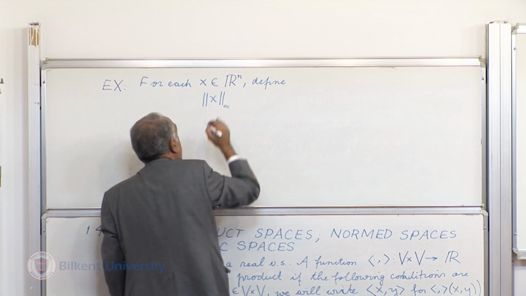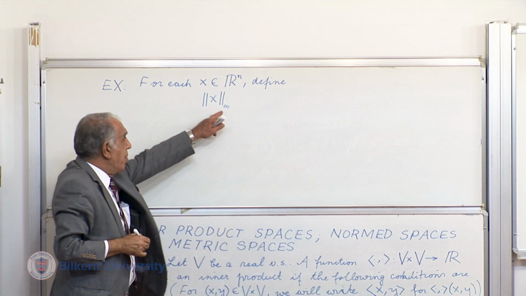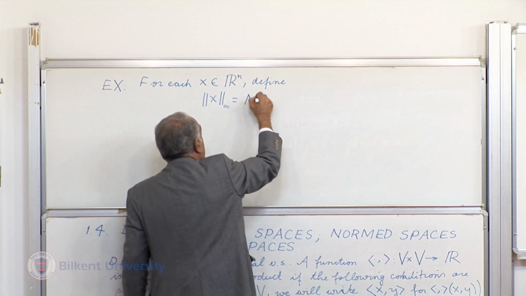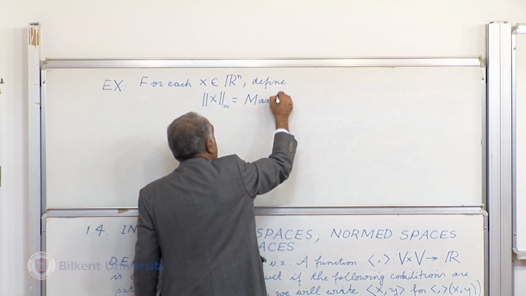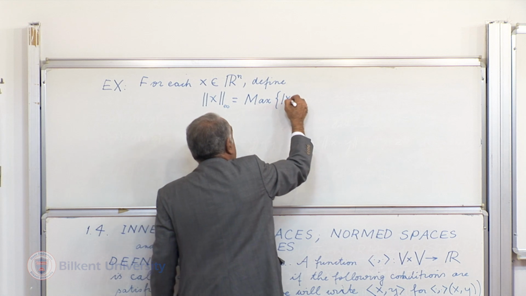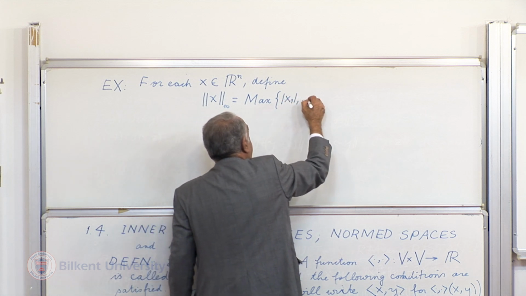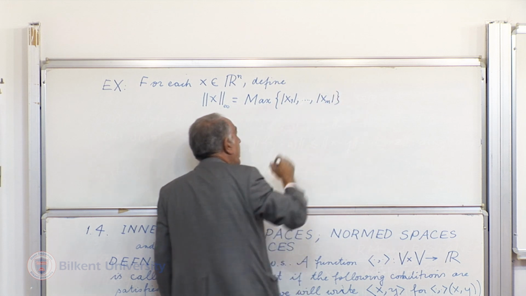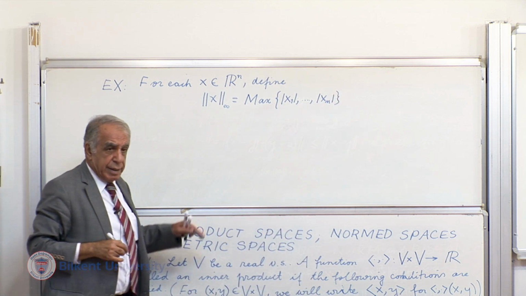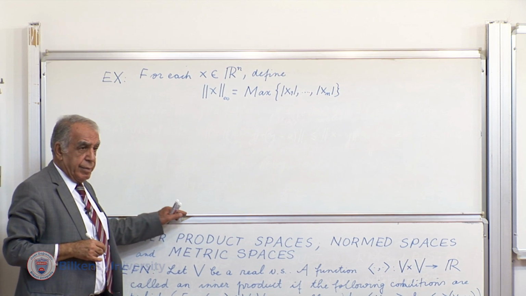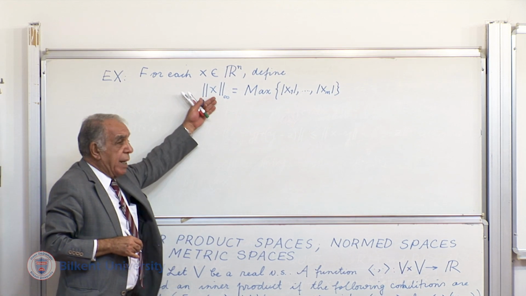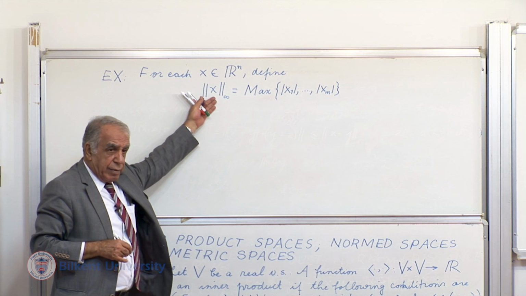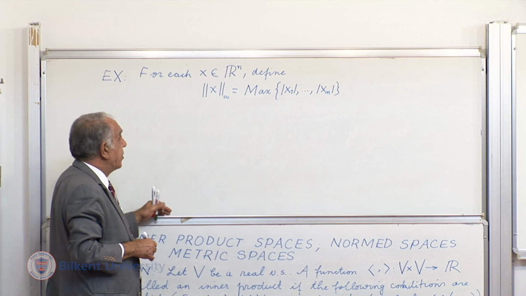It will be a norm. We'll come back to this later. But this is defined as the maximum of the absolute values of all the components of x. So you take any n-vector, you form the absolute values of the components and take just the maximum.